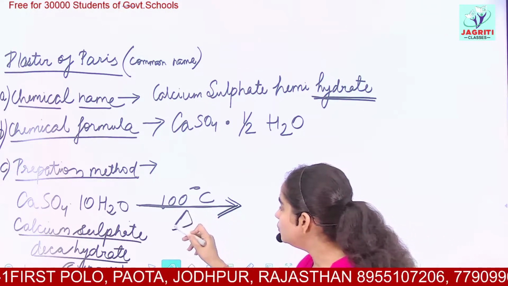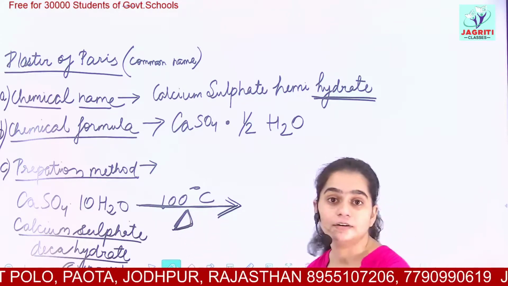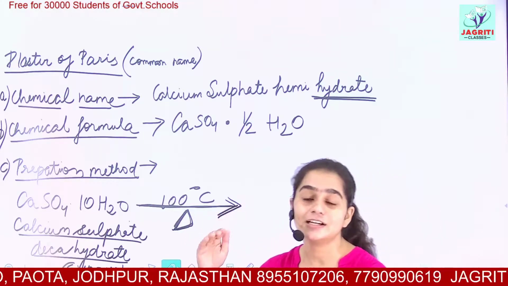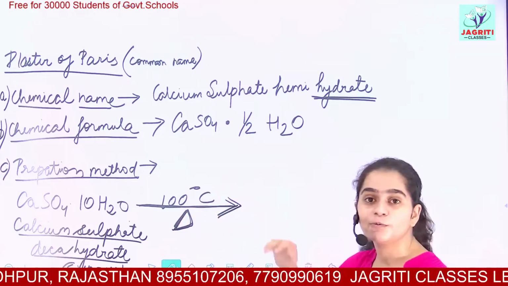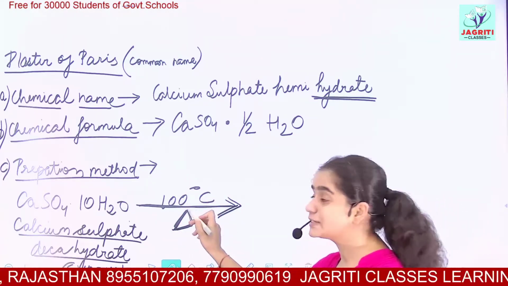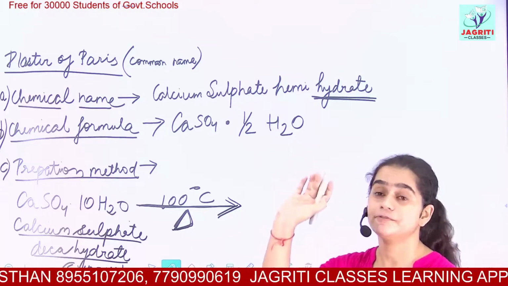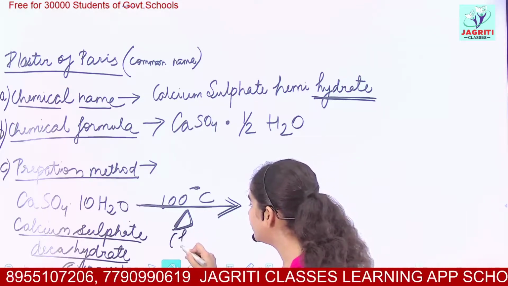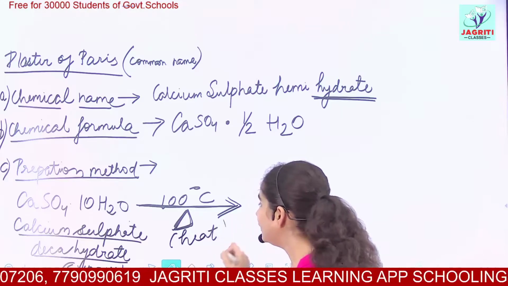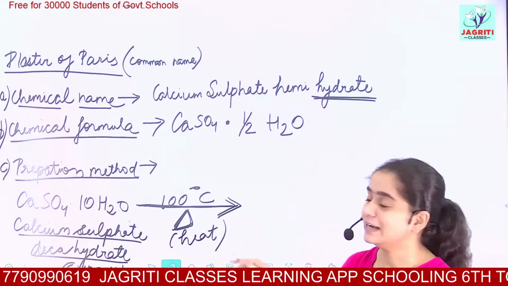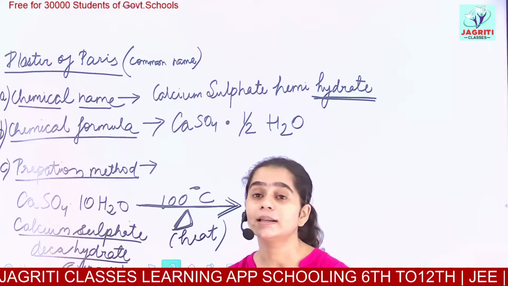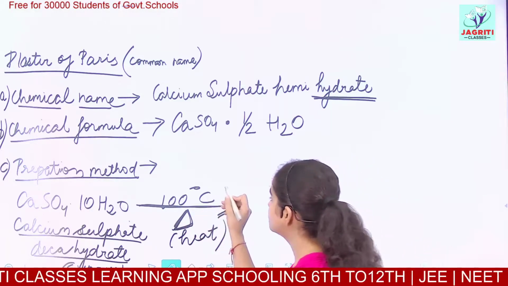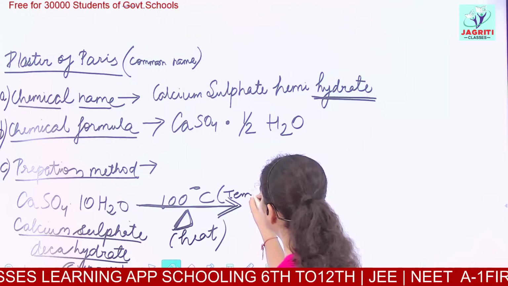Then we use the reaction condition. We write the reaction conditions in which the reaction is occurring on the top and bottom of the arrow. This triangular symbol, as already told you in the first chapter, stands for heat. So we are providing heat to our reactant, and this 100 degrees Celsius is the temperature you have to provide.